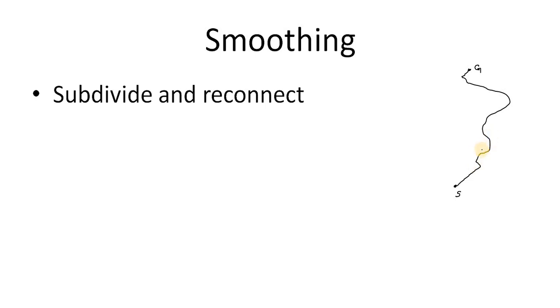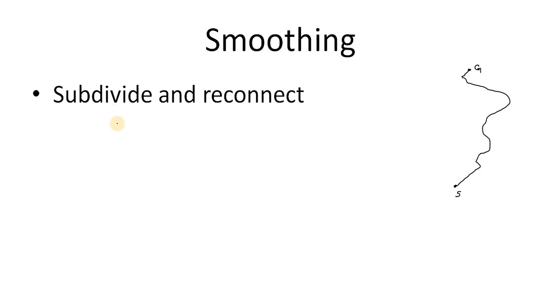There are a lot of corners and edges there. So when the robot follows this kind of path, there will be a lot of jerks in its motion. To solve this problem, we use a technique called subdivide and reconnect.